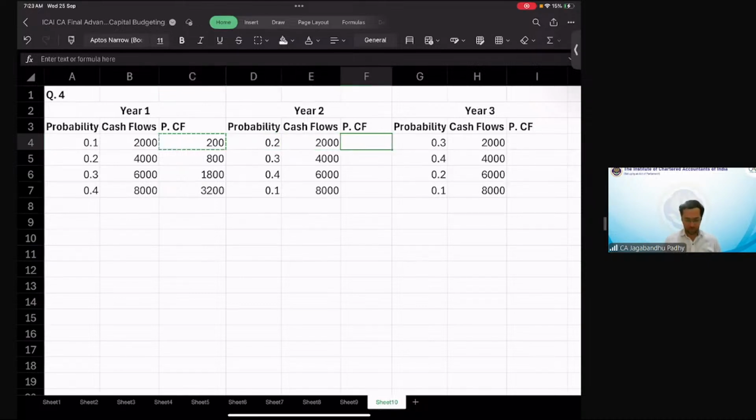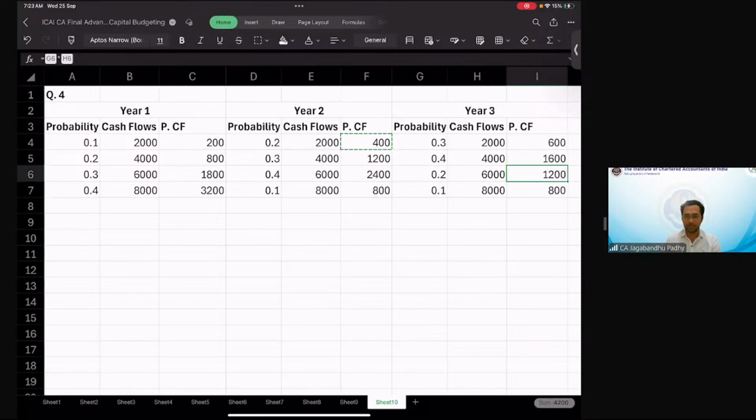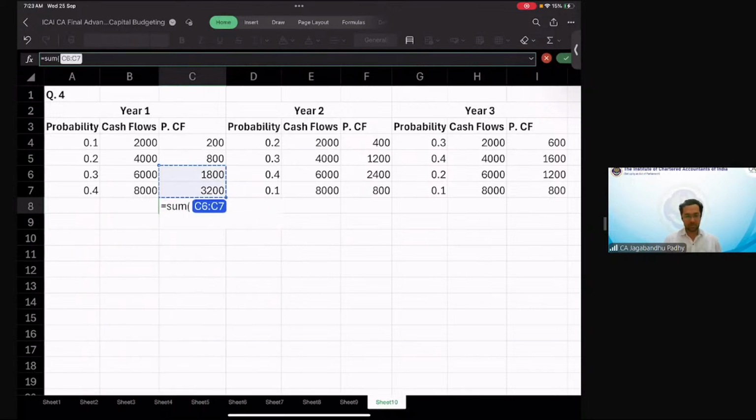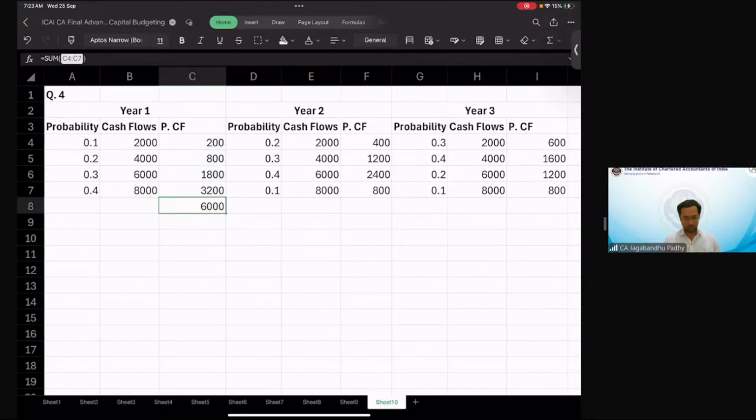Then we do the same thing for year two, and then also for year three. And then for each of these years, we simply take a summation, right? And get the expected cash flow for each of the 3 years.